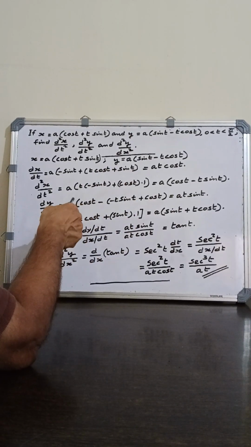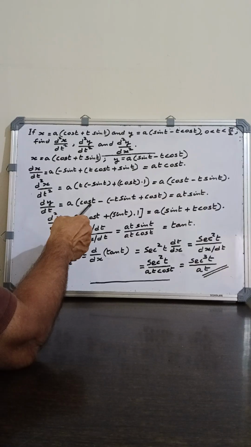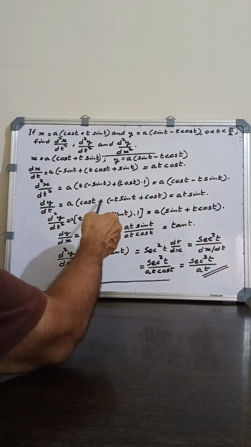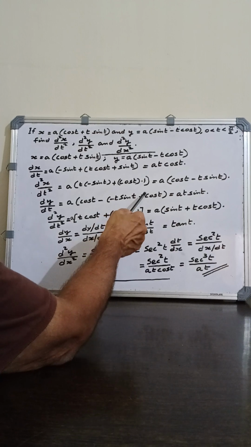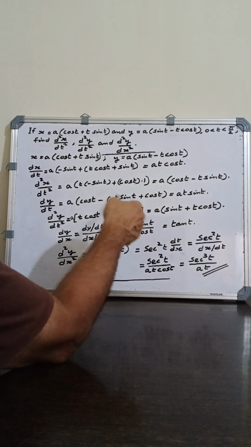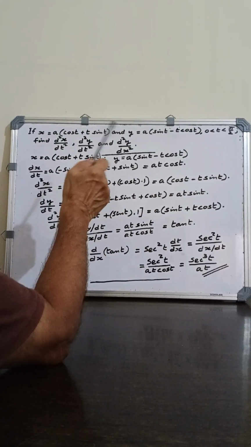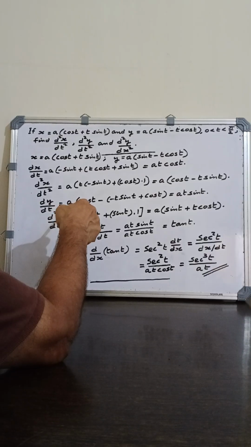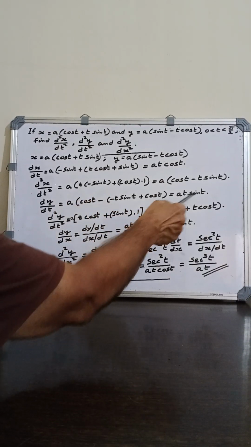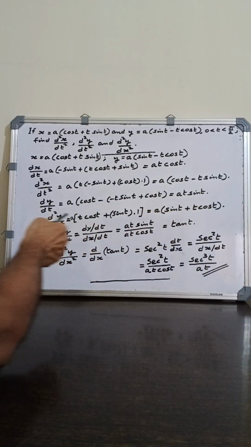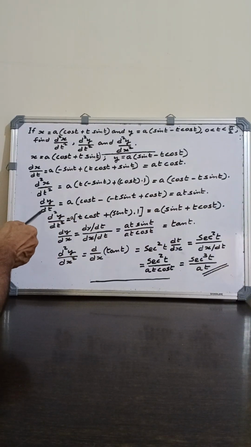That is a into cos t minus cos t. The minus is taken inside as plus t sin t minus cos t. Minus cos t and plus cos t cancel. Therefore, a t sin t is the final result of dy by dt.